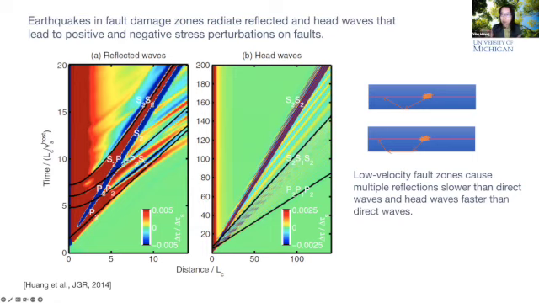And if you wait for a longer distance, you can also see different kinds of head waves that can propagate along the interface of the fault damage zone and also propagate faster than the direct waves inside the fault zone medium. This means that all these different kinds of wave reverberations can cause both positive and negative stress perturbations that interact with the rupture dynamics. So the question will be how these different kinds of dynamic waves can change the earthquake cycle behaviors.